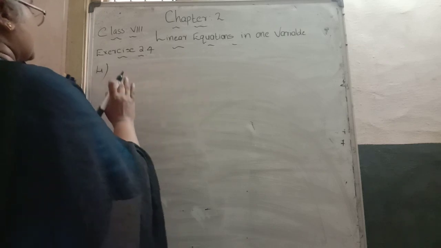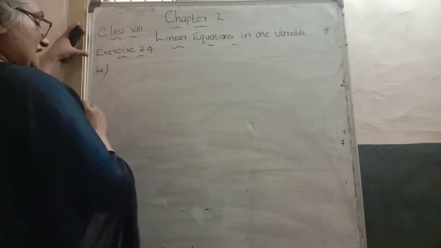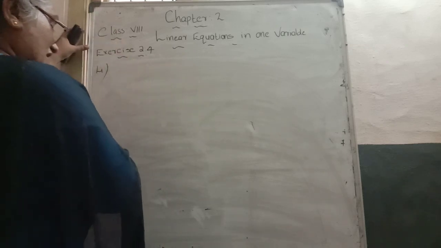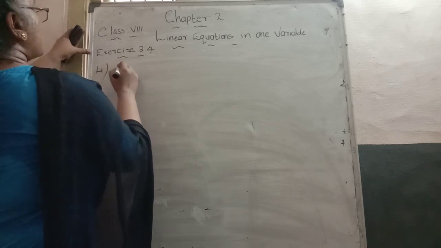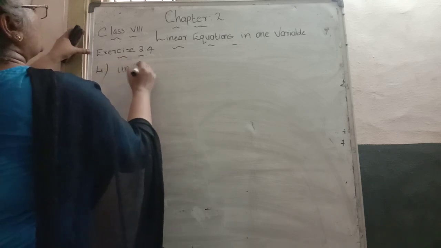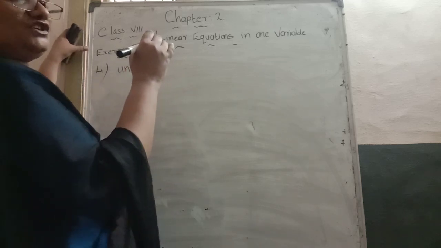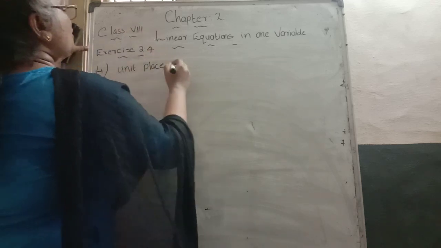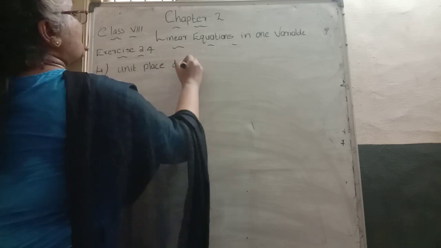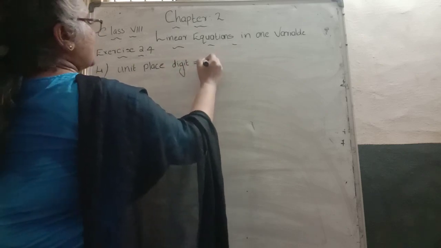That's why we can consider that expression: one of the digits we can take as the unit place digit. There also it is a 2-digit number. The unit place digit we consider as x.